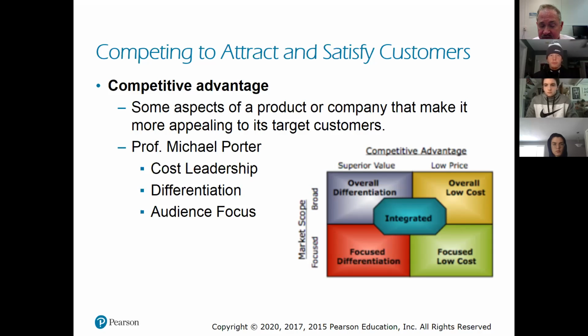In terms of audience focus, every company has a different type of audience focus. And so, for example, if you like Apple products, they're definitely not in cost leadership at all because they're really expensive, okay? But they are different. And so that's why their audience focus is a clientele that has a little bit more deep pockets.